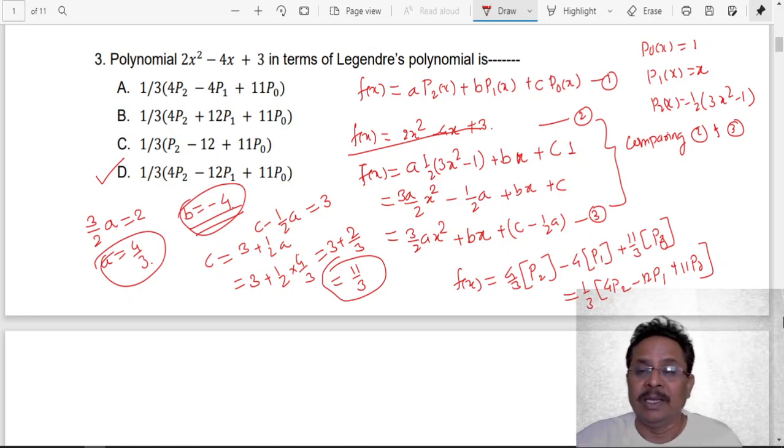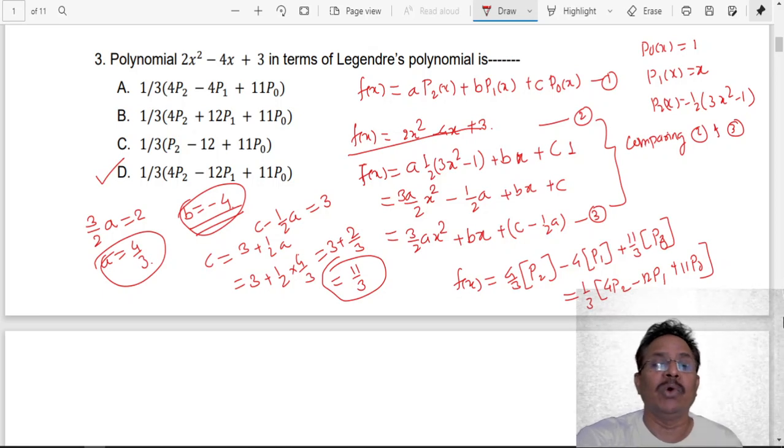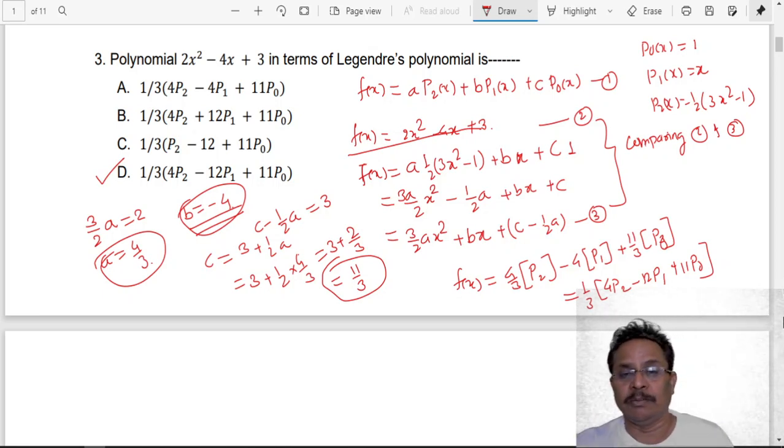Now, in actual examination, in STP examination or internal examination, one of the terms of this given polynomial may be changed, but the method you have to follow is the same. So identify what is p0x, what is p1x, what is p2x, that should be known to you. Then write an equation for f of x given this p1x, p2x, p3, etc. with coefficients a, b, c.